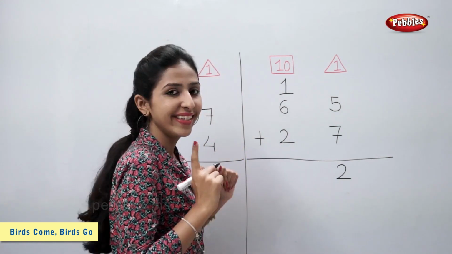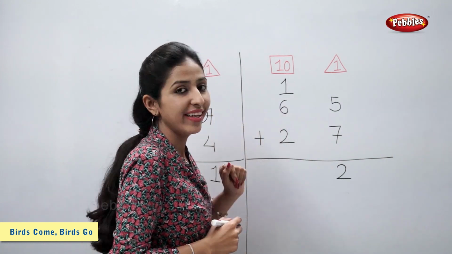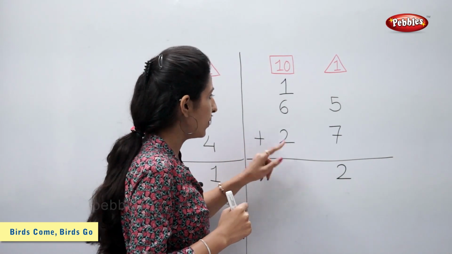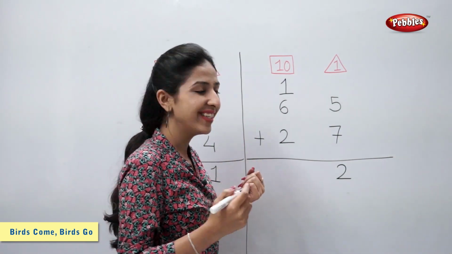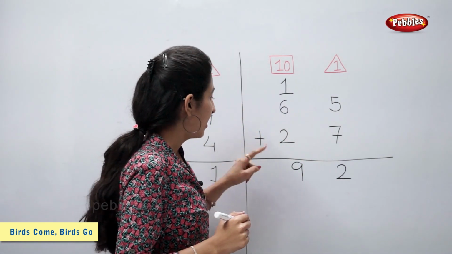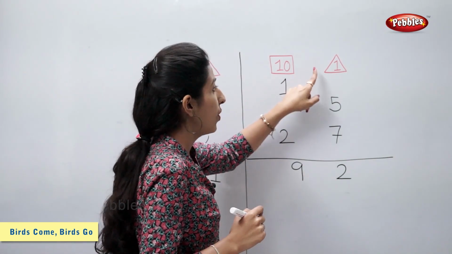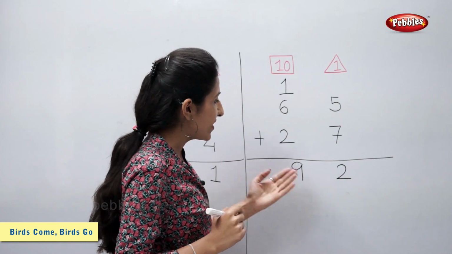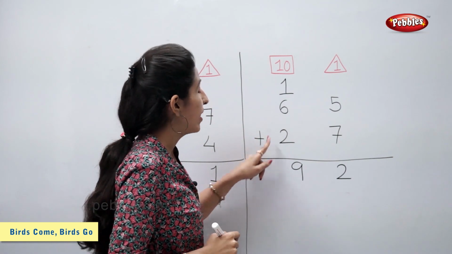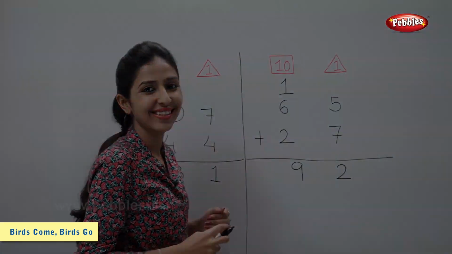Now tens. 1 plus 6 is equal to 7 and 7 plus 2 is equal to 9. So now we have 9 tens and 2 ones. So the number is 92. 65 plus 27 is equal to 92.